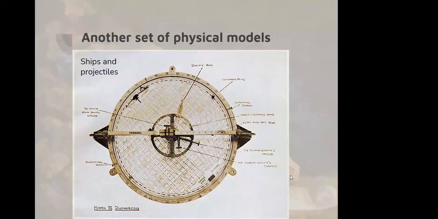Well, physical analog models were what were used. This doesn't look like a computer to us now, but it is a photo of the types of computing machines that were used on ships in the early 20th century. They are like what we would now think of as drawing instruments.